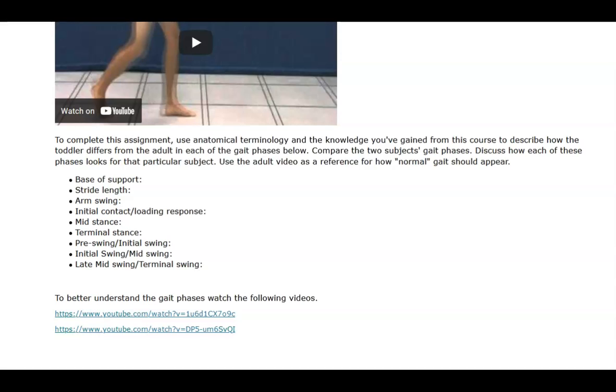The whole foot is making initial contact instead of just the heel. So things like that. You decide which way you want to write the paper, comparing them both at the same time, or doing all the phases of gait for one and all the phases of gait for the other one, and just talking about how they're different.